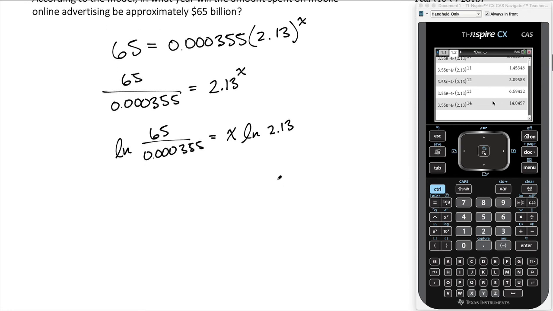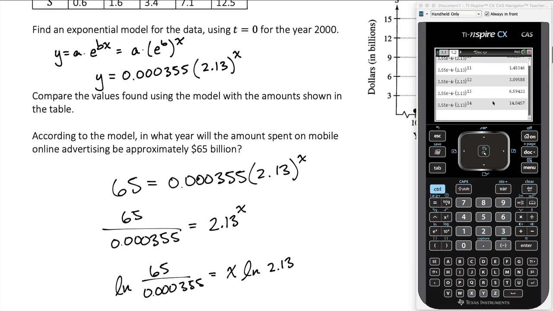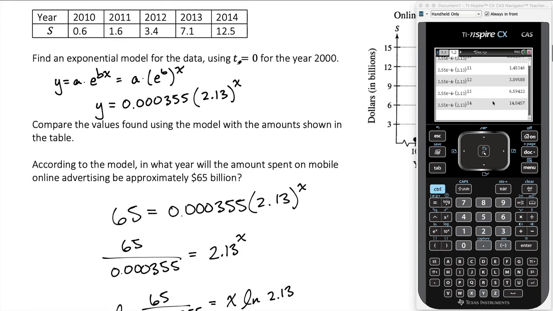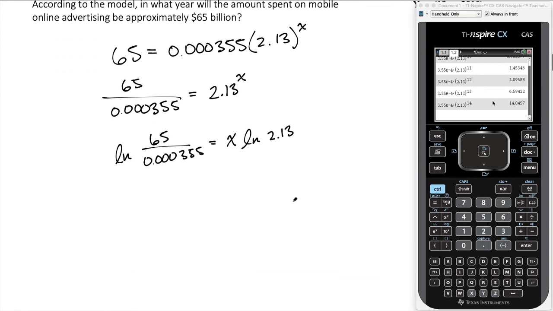Then I can divide by this natural log of 2.13, and that will solve for the x. I guess I should be calling it t, because that was when t equals 0. That was not very precise on my part. So divide natural log of 65 over 0.000355 over the natural log of 2.13.